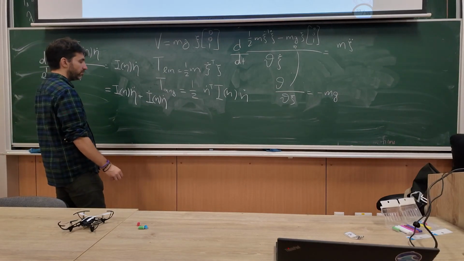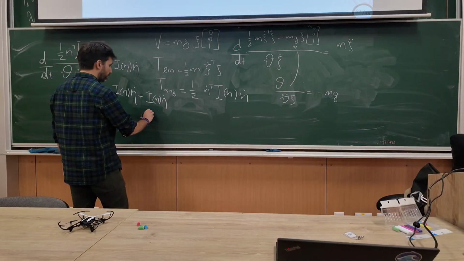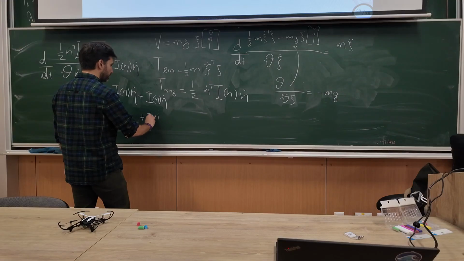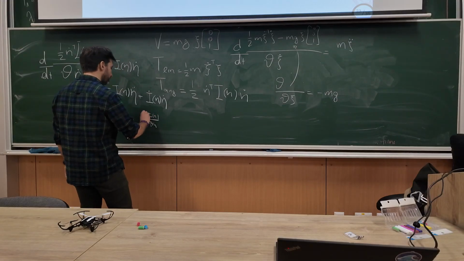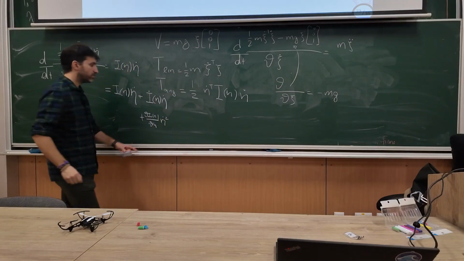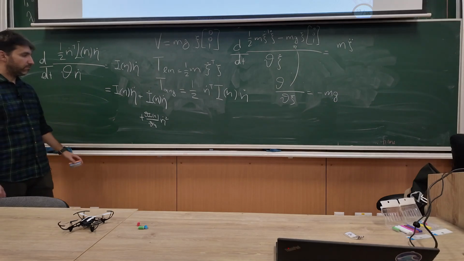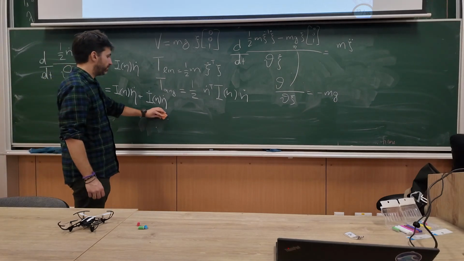I could write it like eta with eta differential and then eta, and I will have a square here because the eta dot will go out. But we'll keep it like this for now.